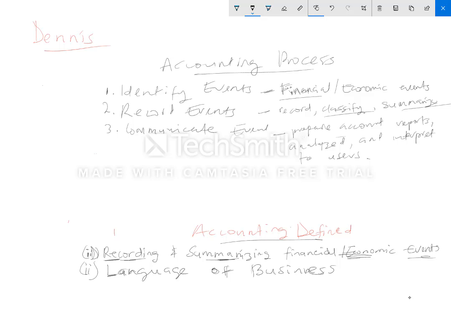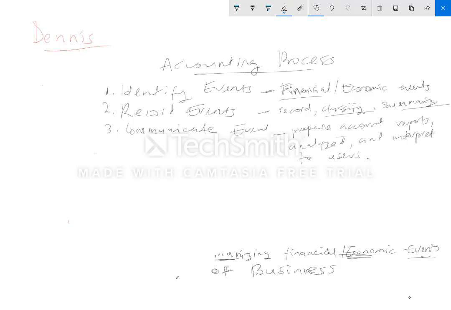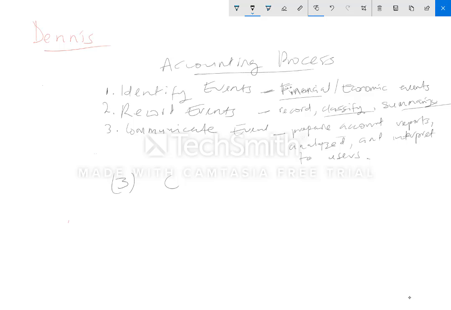Okay, so before all this can happen, you have to have a chart of account, which is the next step. You have to have a chart to look at before you can classify them. That is called the three, chart of accounts.